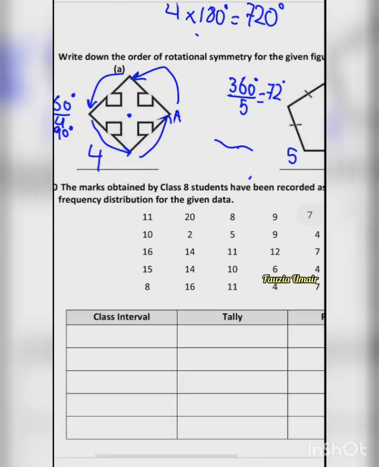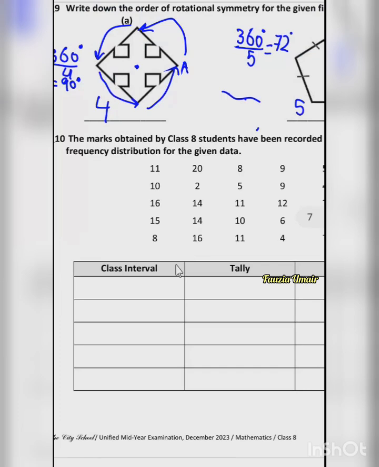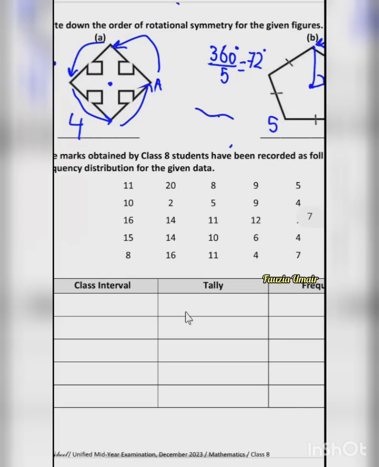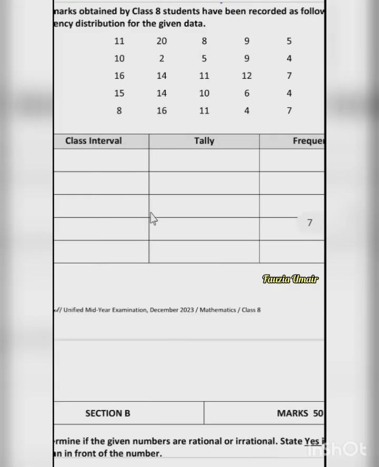We will do it on Monday, because this is ungrouped data which we need to change into grouped data with class intervals. It's a very interesting and easy question, and you will be getting 5 marks for this.